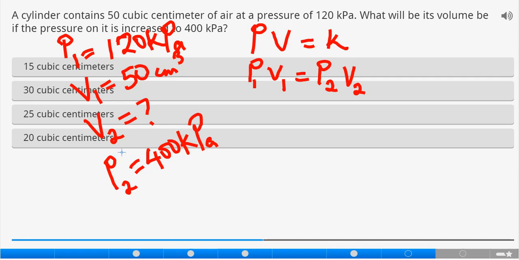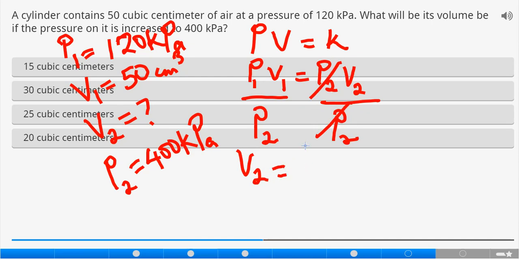So here now we are making V2 the subject of the formula. So with that, we divide both sides by P2. This and this will go. So V2 now will be P1V1 over P2.